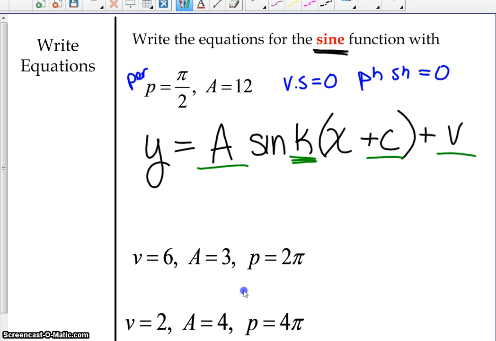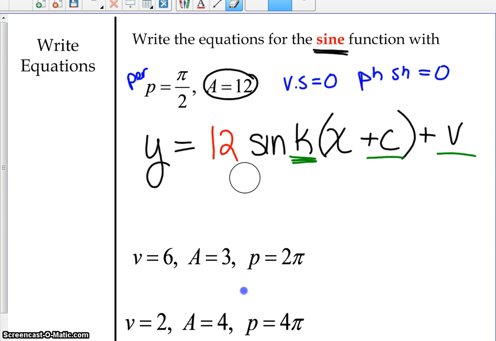So first I can replace the A. Because I know my amplitude is 12, I can replace this A with 12. Assume that your amplitude is always positive. If they want it to be a negative sign, they would have said in the directions to have it be an inverse sign.